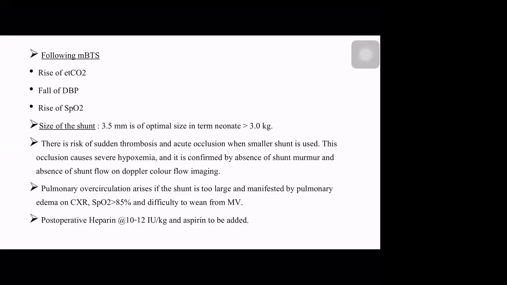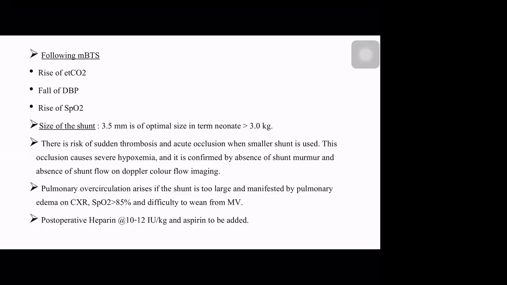Now, what about the size of the shunt? I am repeatedly talking about the importance of the size of the shunt. Generally, in a term neonate having a body weight of 3 kg, the ideal shunt size is 3.5 millimeter. There is a risk of sudden thrombosis and acute occlusion when a smaller size shunt is used, that is 3.